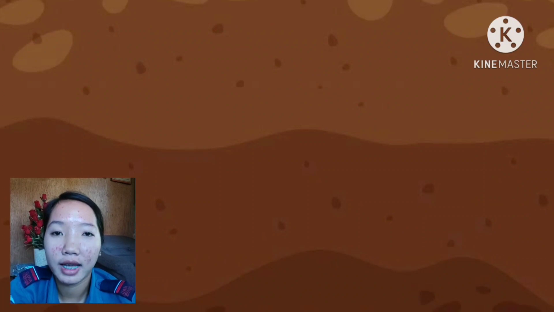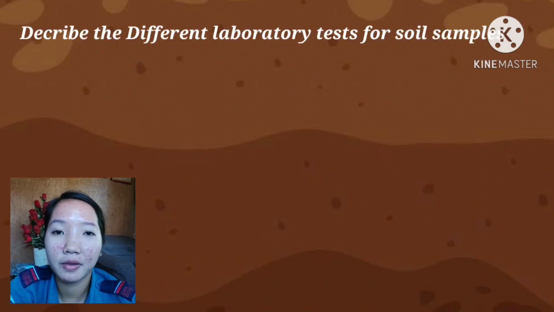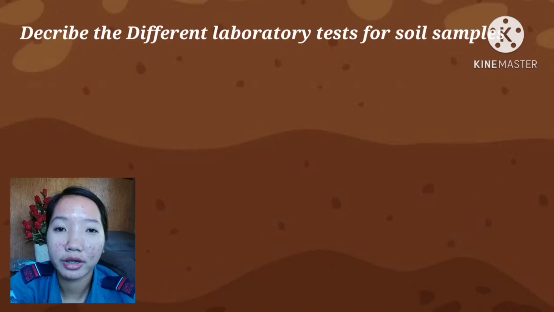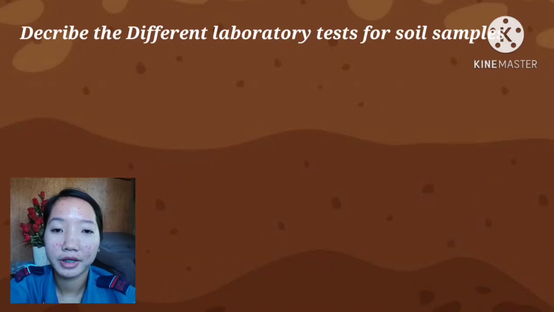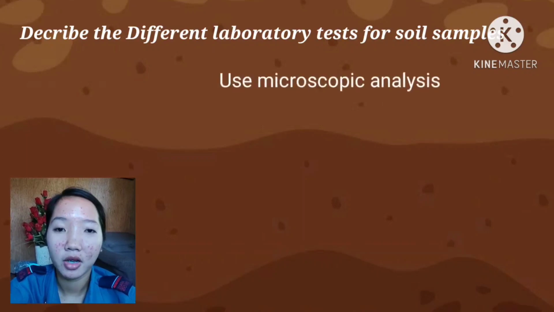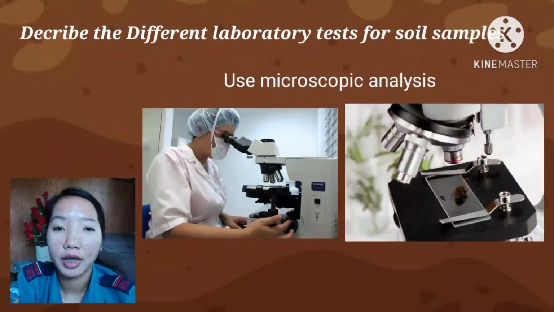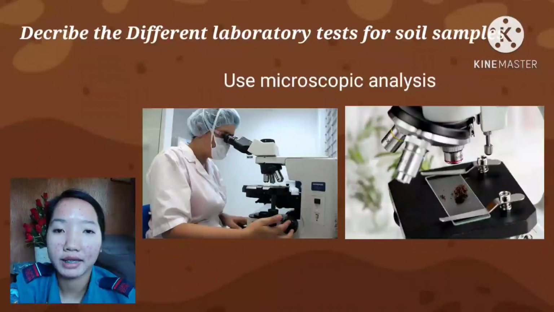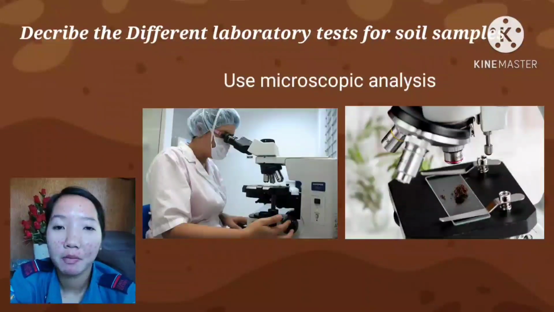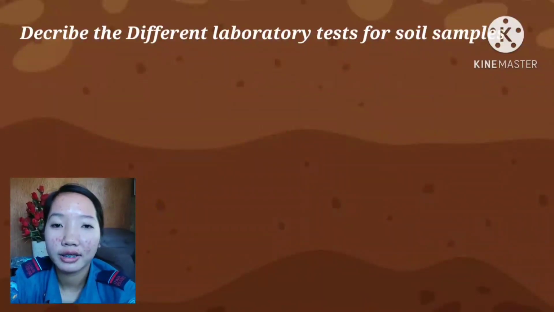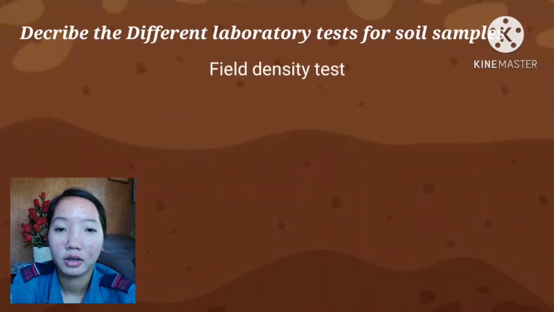And for the last part, we have the different laboratory tests for soil samples. First is the examiner examines the samples with the use of microscope analysis para ma-perform ang mineral contents. Second is the density test.